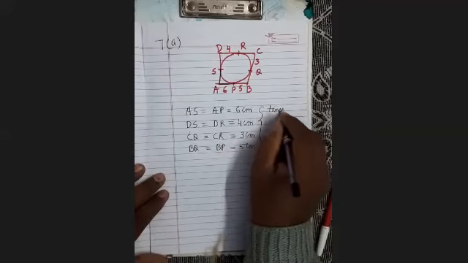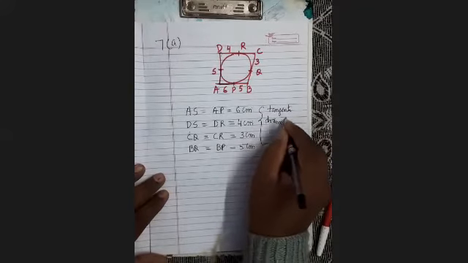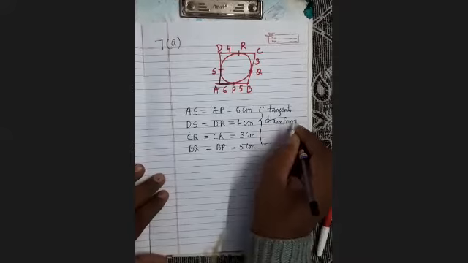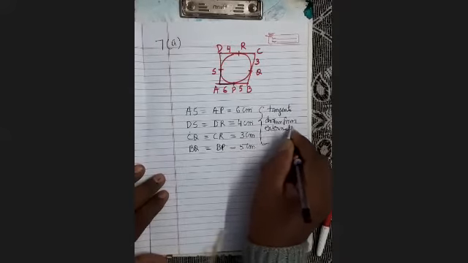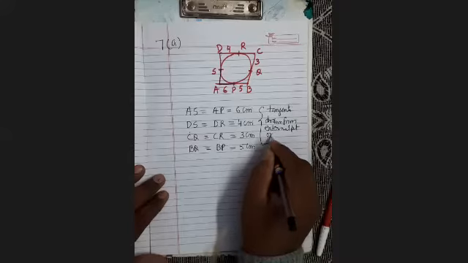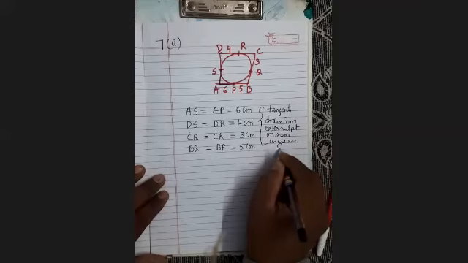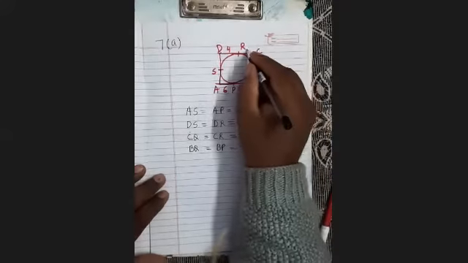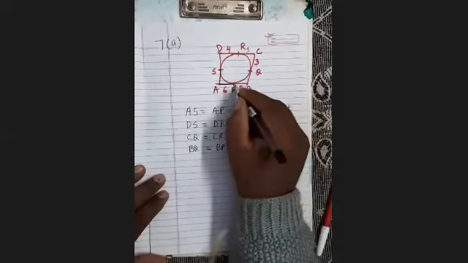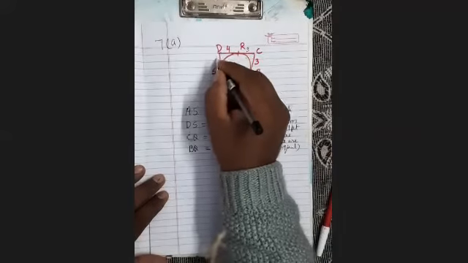Tangents drawn from external point on same circle are equal. Now you can see here, this is 3, therefore this is also 3. This is 5, so this is 5. This is 6, 4, this is 4.